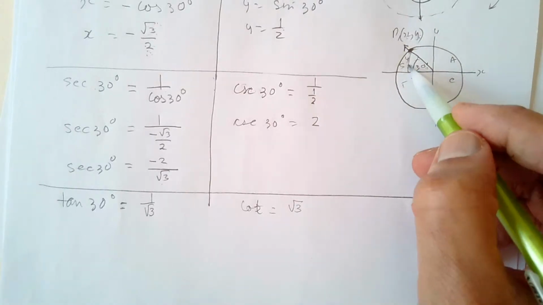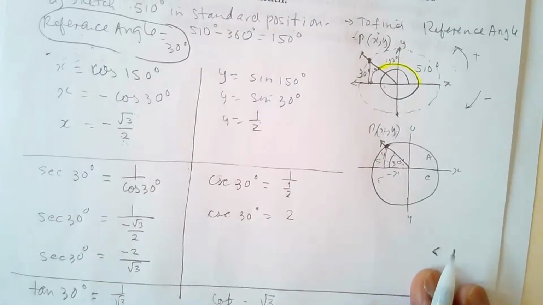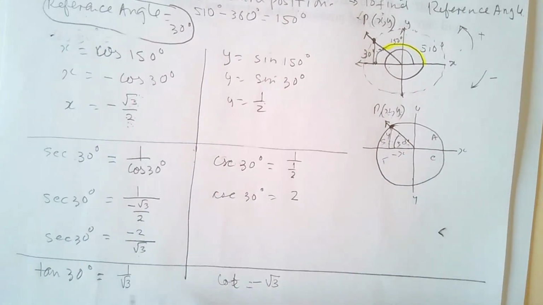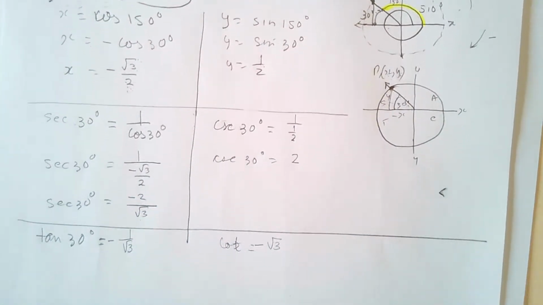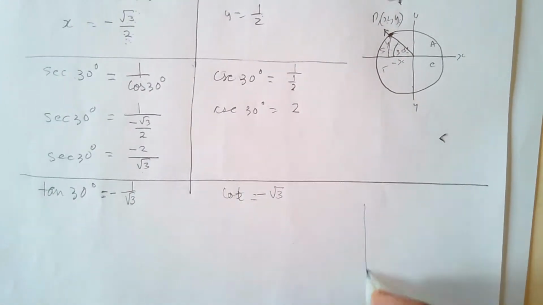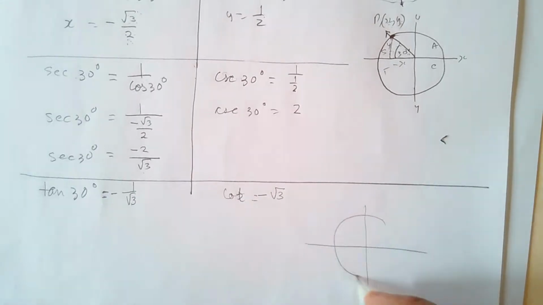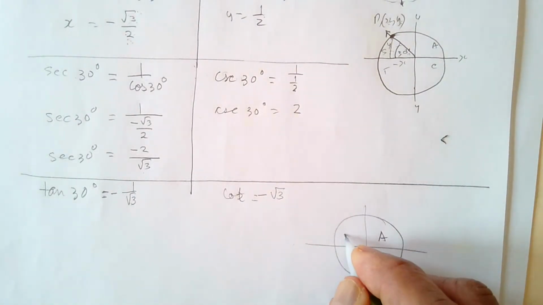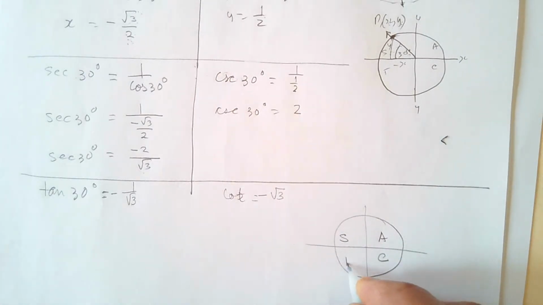But because we are in the second quadrant here, tangent is negative, so we have to put a negative sign in front of it. So be careful with your sign. That's why it's important to remember the CAST rule. If you have a unit circle, all are positive here, sine is positive, and only tangent.